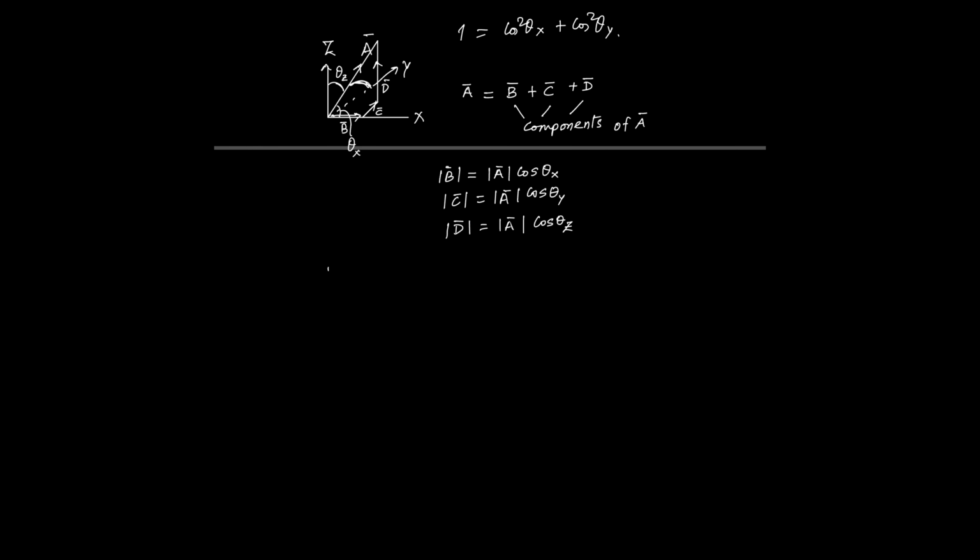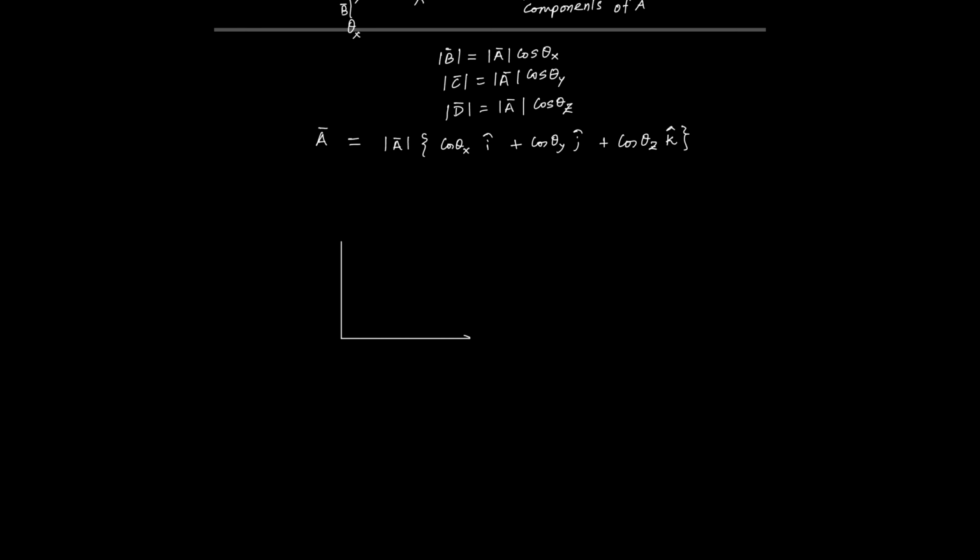Again, A vector can be written as mod A taken common, cos theta x i cap, cos theta y j cap, and cos theta z k cap, like this.